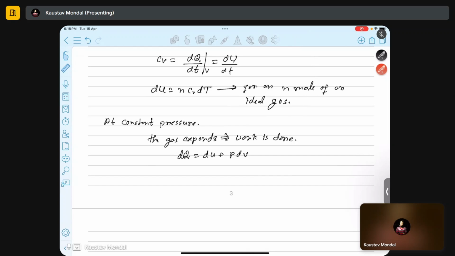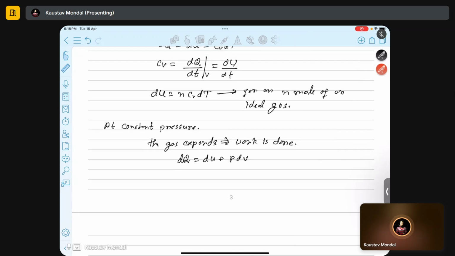As this is at constant pressure, we cannot simply make pdV equal to 0, because that means there will be a change in volume. So the pdV term is not 0, unlike the previous case at constant volume, where the work done is 0 as dV is equal to 0.